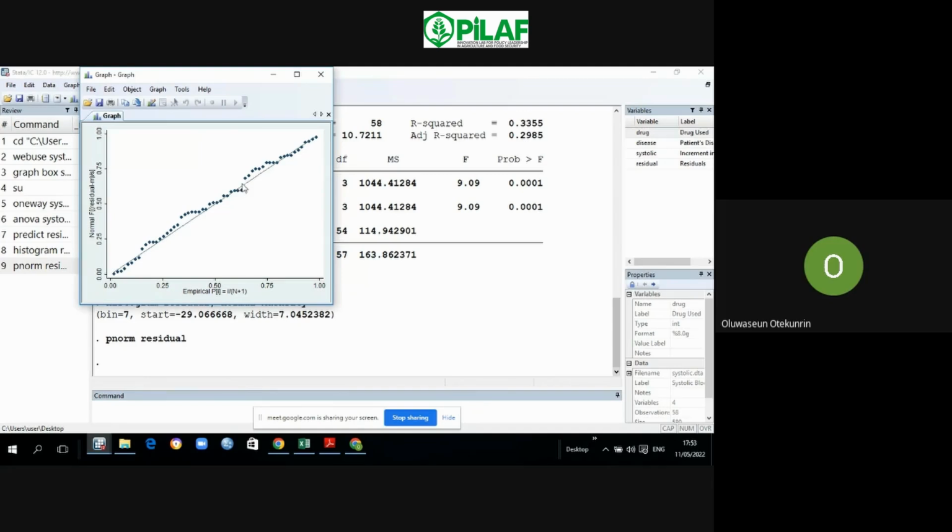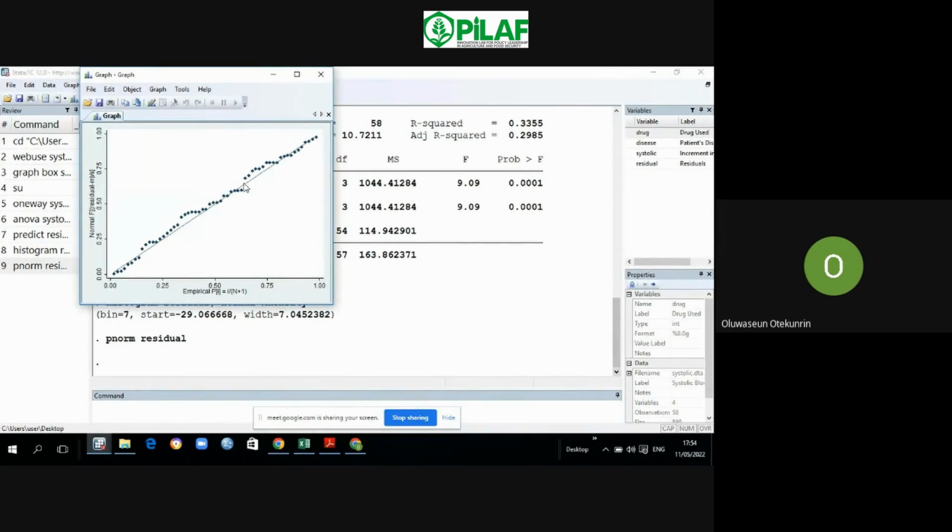If we look at what is there, you see that the points seem to lie on the line. Not everything, but they seem to lie on the line. The other time, we didn't conclude on that outlier. If you look at what we have here, there is nothing standing far away from others.